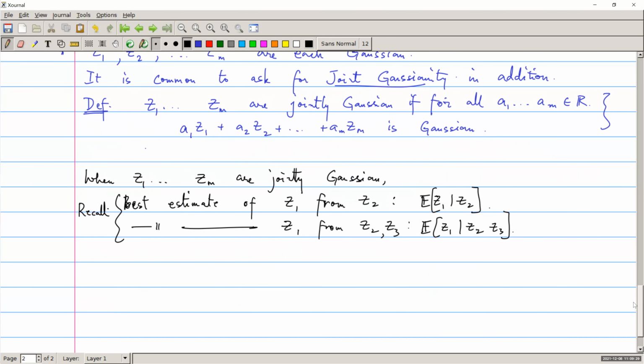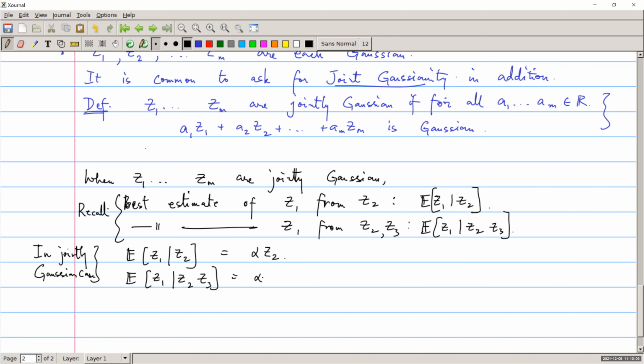But in the Gaussian case, the expectation of z1 given z2, which is in general a function of z2, is a linear function of z2. And the expectation of z1 given z2 and z3 is a linear function of z2 and z3.